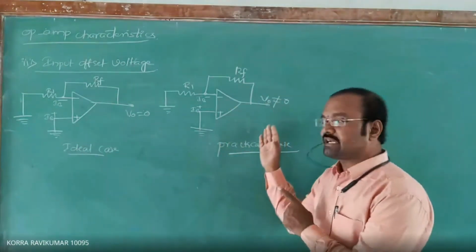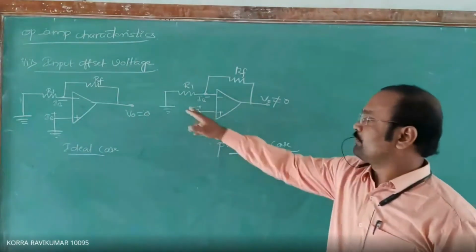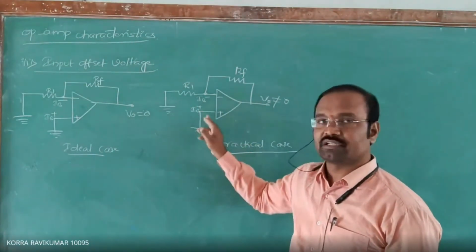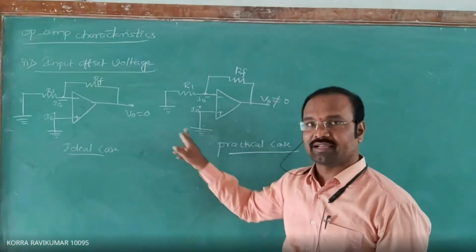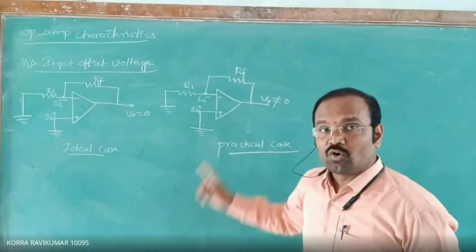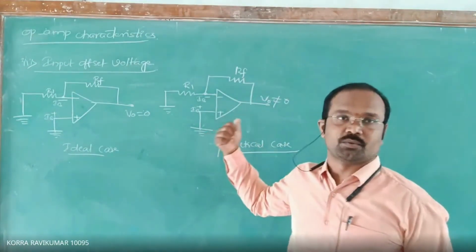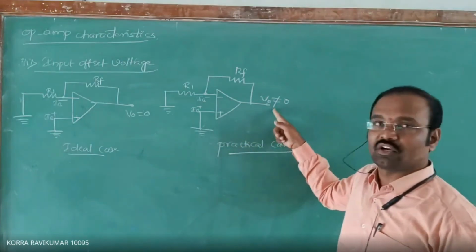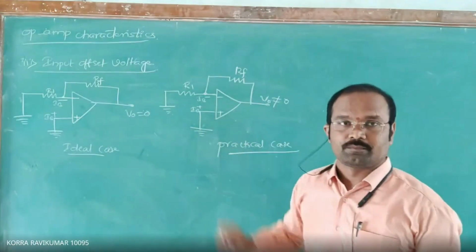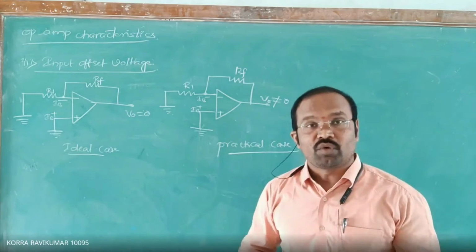But when it comes to the practical case, whenever both the inverting and non-inverting terminals of the op amp are grounded like this, the output here is not equal to 0. Your output V0 is not equal to 0. Why?